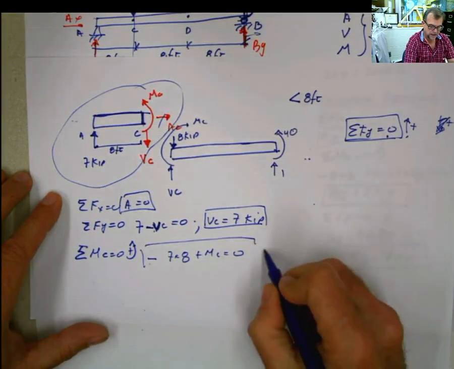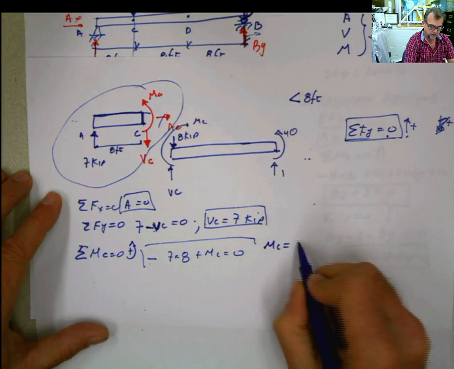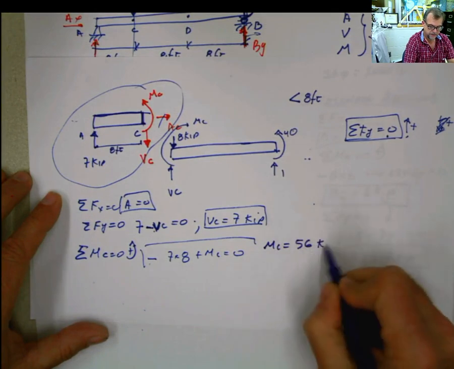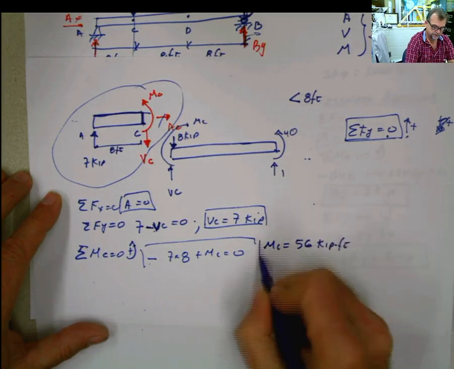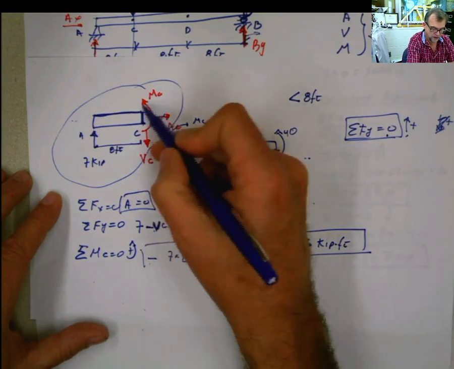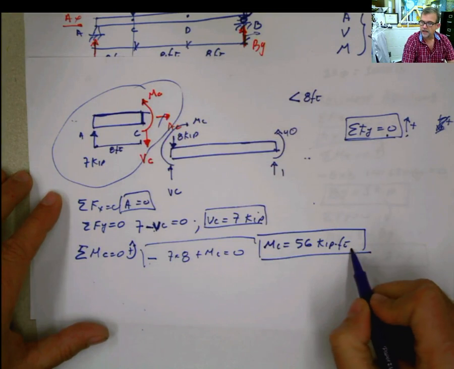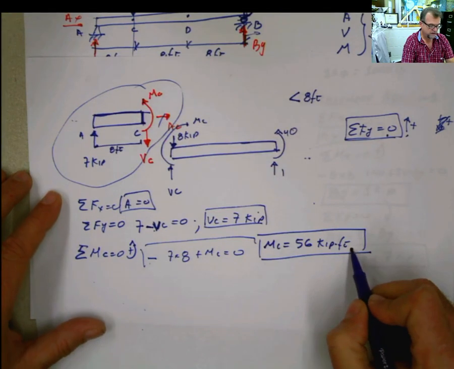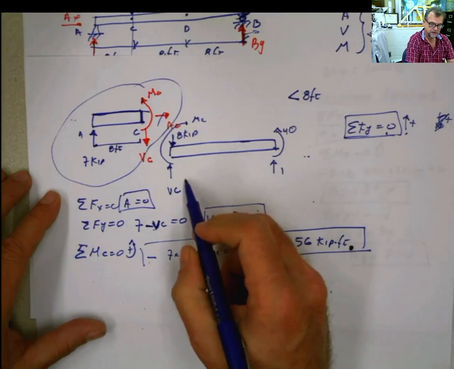That means that MC is equal to 56 kip-foot. There you go. Positive also, because I put it in the positive direction and I came out with a positive value for moment.